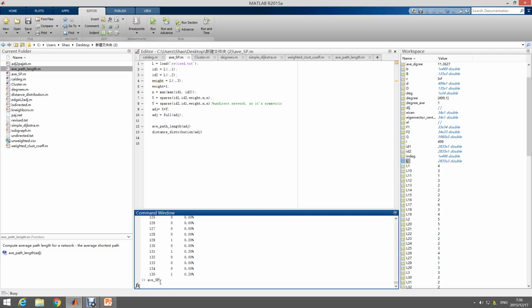It's still processing. All right, we got the average shortest path is 3.01. And we are still waiting for the shortest path distribution.